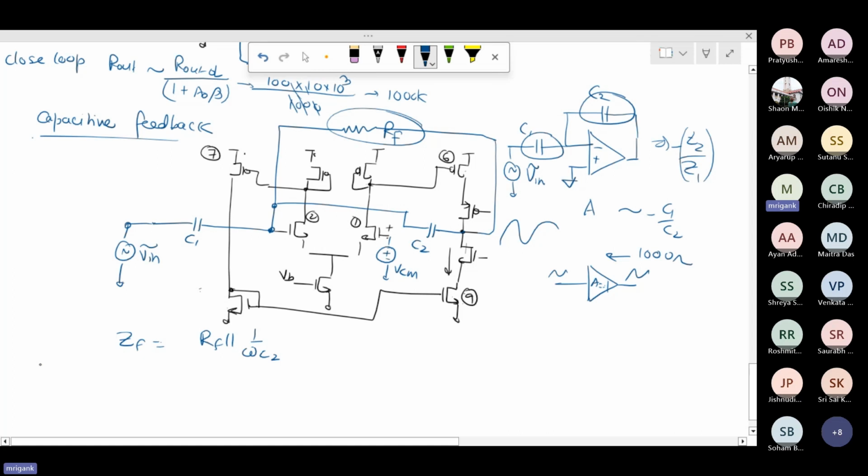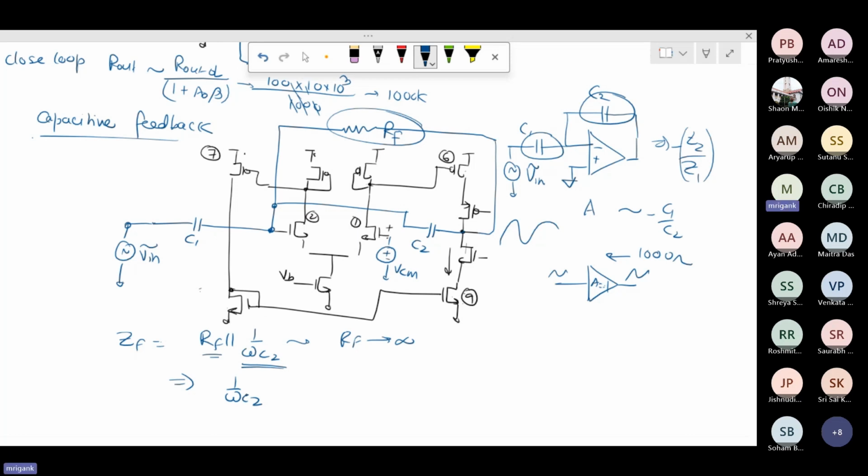If it has to become independent of RF and just dependent upon the C1, C2 ratio, then the impedance has to be mostly 1 upon omega C2. RF has to be much bigger. If RF is close to infinity, then this will automatically become 1 upon omega C2. Then your Z1 by Z2 ratio will be defined by only C1 by C2. RF will not play any role. Is that clear? So we want RF to be very high.